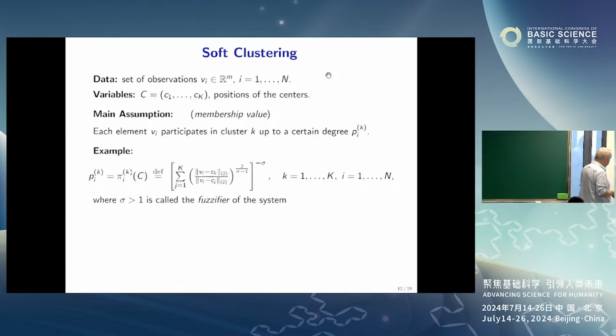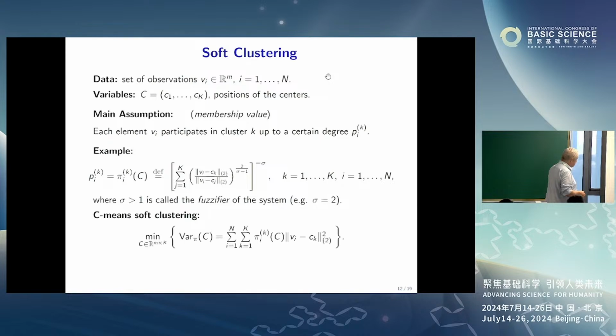How to choose it? Normally people do. But anyway, we take the position of the center as the objective, and we minimize it. So the probabilities multiply. Okay.